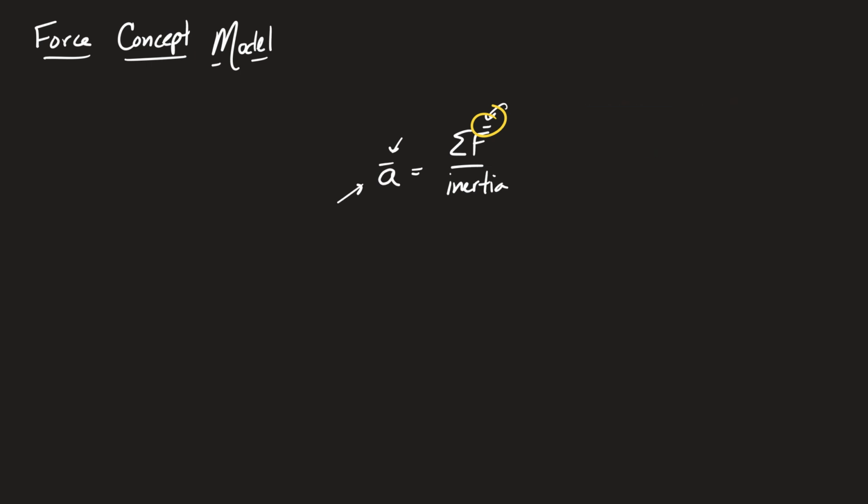Next, we need to talk about inertia, and we really need to be very specific about what inertia is. It's hard to give a definition for inertia, but I'll do my best, but it's going to be circular logic. Inertia is an object's resistance to changes in motion.